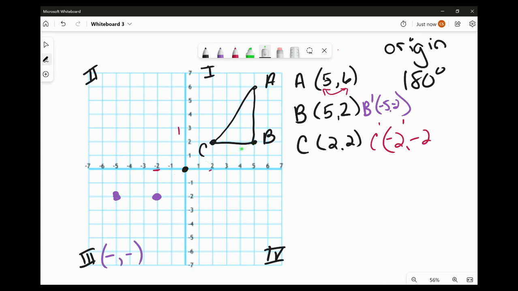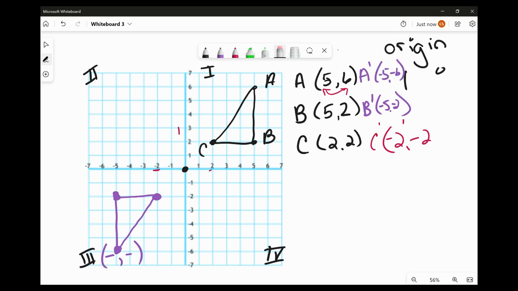A is 5, 6, and I'm going to keep that 5, 6. But since I'm moving into this quadrant, it's going to be -5, -6. It's going to be right here. Notice the shape. I rotated it 2 turns. And so A prime would be -5, -6.